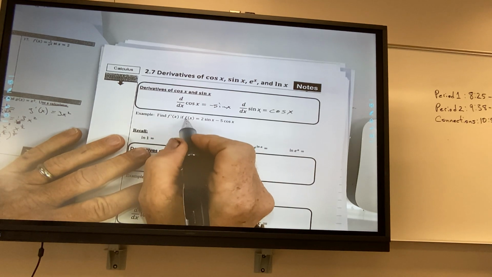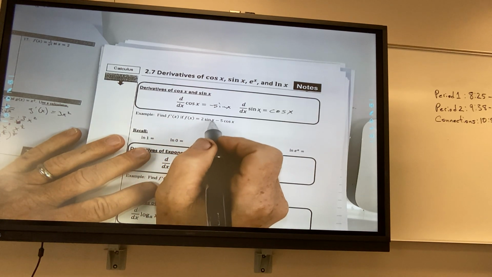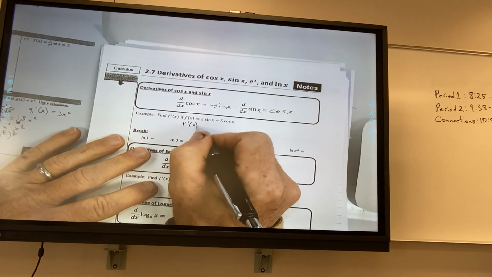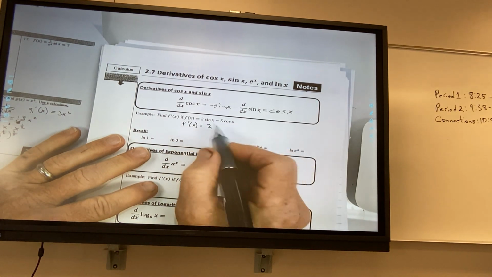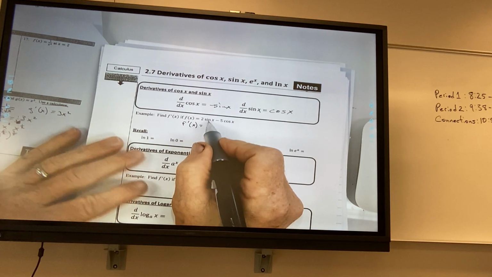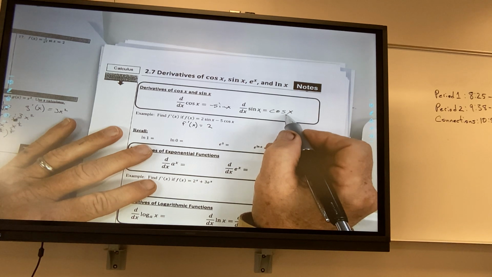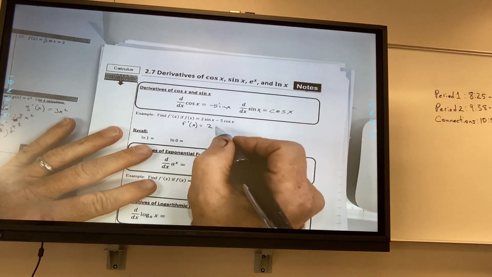Find the derivative if f of x equals 2 sine of x. So the derivative is going to be 2 times the derivative of the sine of x. What's the derivative of the sine of x? I come up here and look and see it's the what? Cosine of x. Bingo.